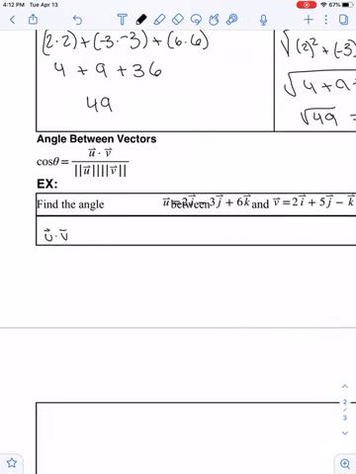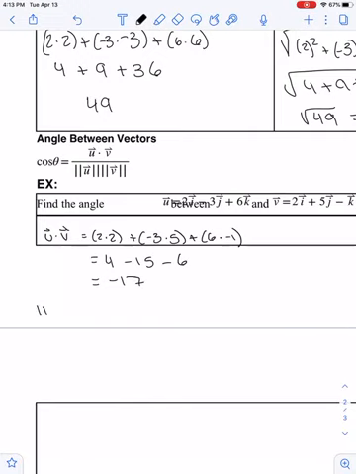So to find the dot product, we're going to multiply them together. So 2 times 2 for the i's, plus negative 3 times 5 for the j's, and then plus 6 times negative 1 for the k's. And that gives us 4 minus 15 minus 6, which equals negative 17.